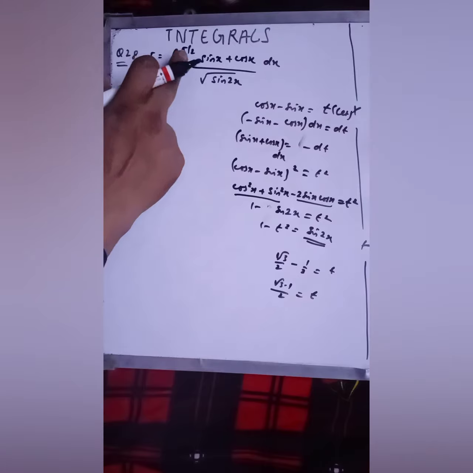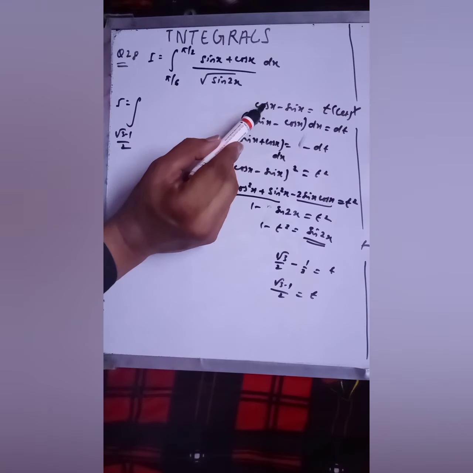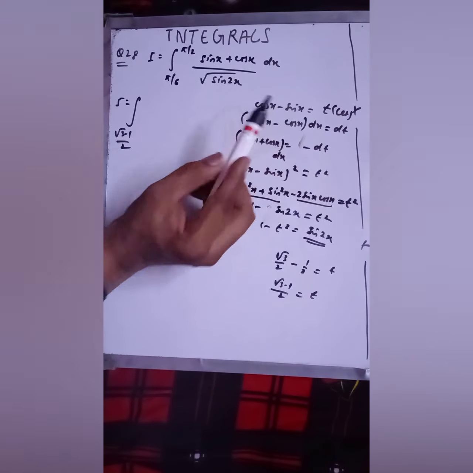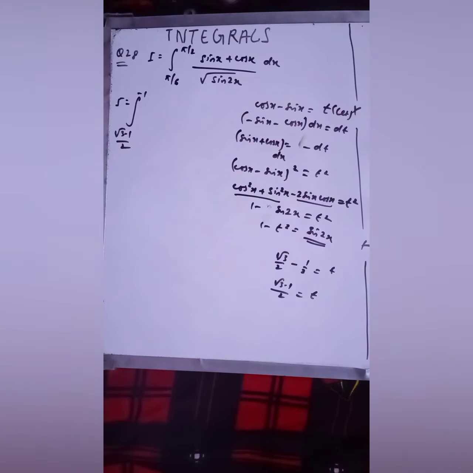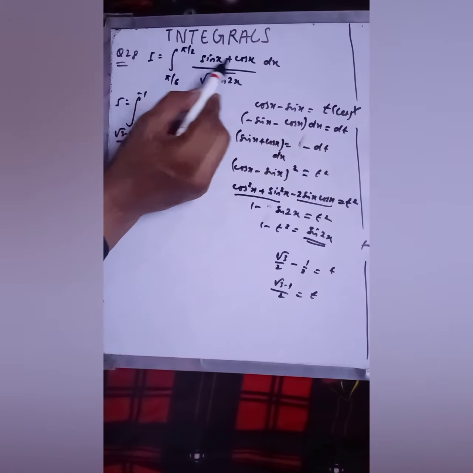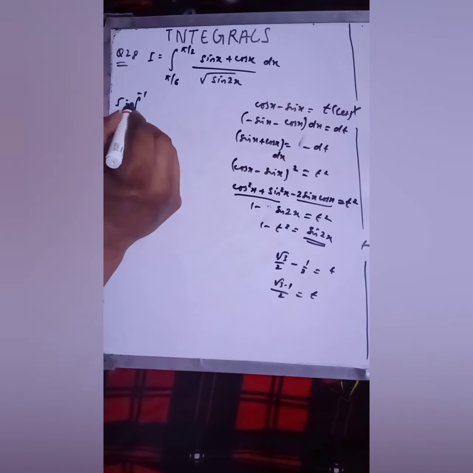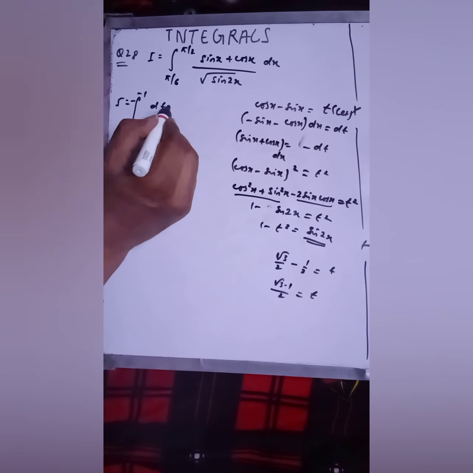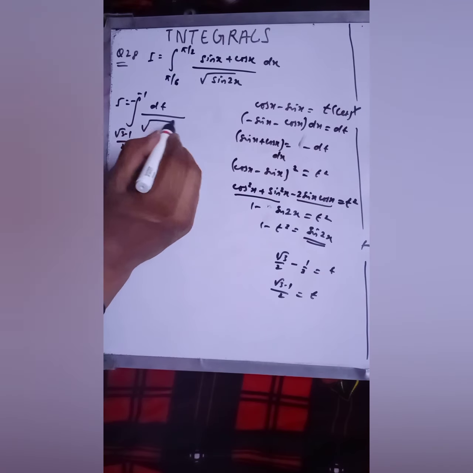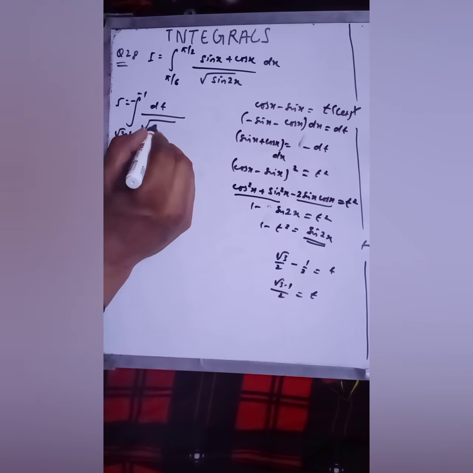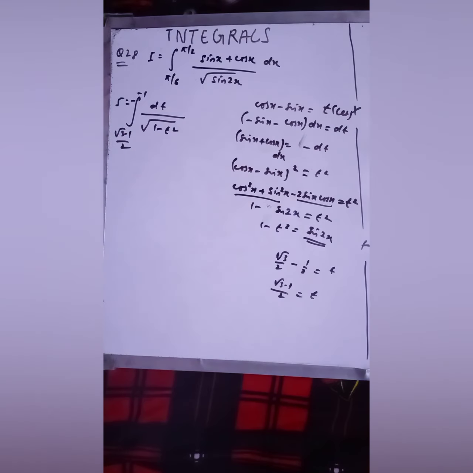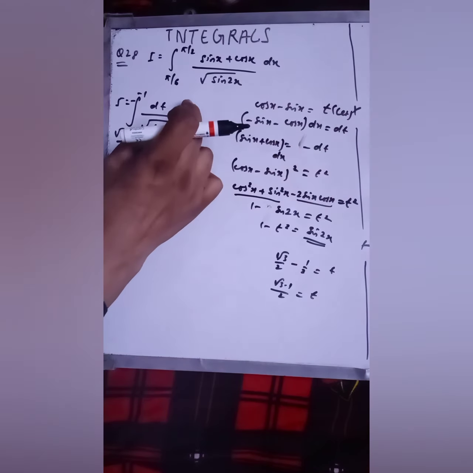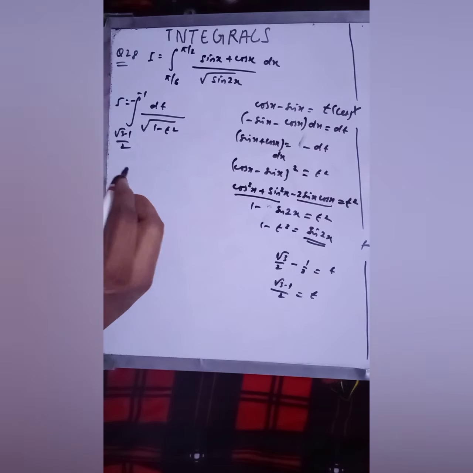Okay, when you put pi by 2 here, cos is 0 and sin is 1, so minus 1 will be the answer. Now in place of this, you have to put minus dt. So I'm putting the minus sign outside and dt here over 1 minus t square. Here you have to apply the formula of sine inverse only.